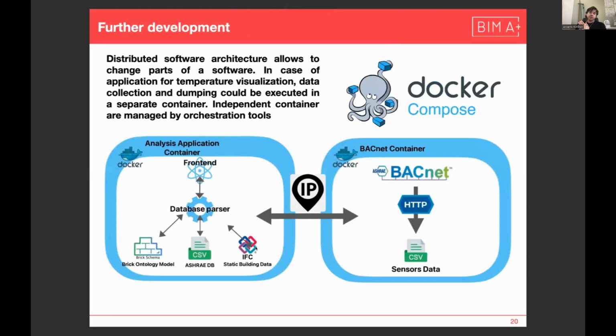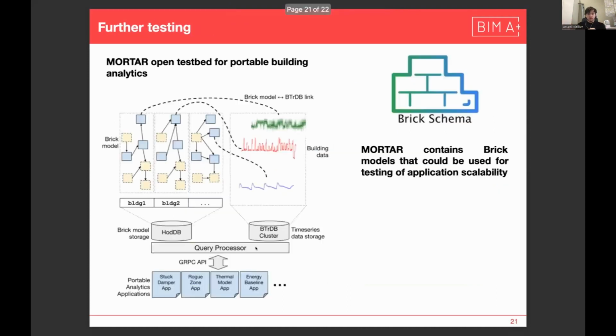Here is an example of how it can be used. We basically have two containers that can connect with the IP protocol, and we use the Docker Compose tool to start those containers and make them work in synergy. And then, as the workflow, when we have the application done, we can test the scalability.